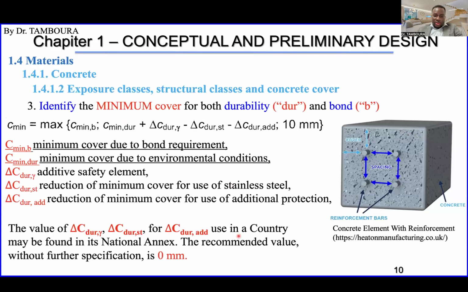if you want to find for each country, you need to go to the national index of that country. The Eurocode itself is recommending this value to be 0 without further specification. Just take it 0.